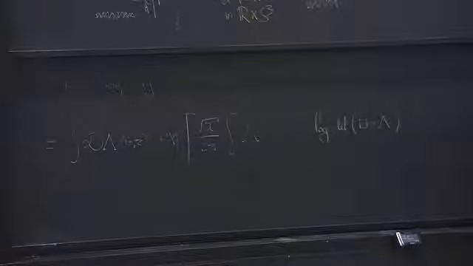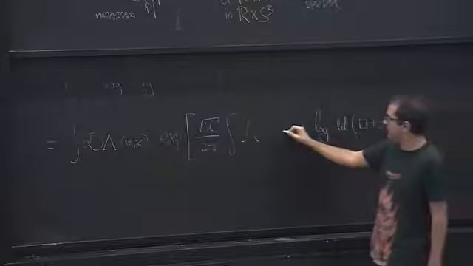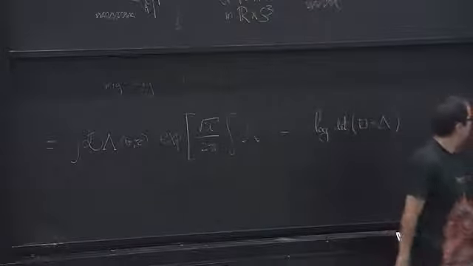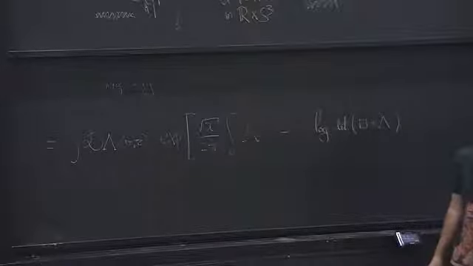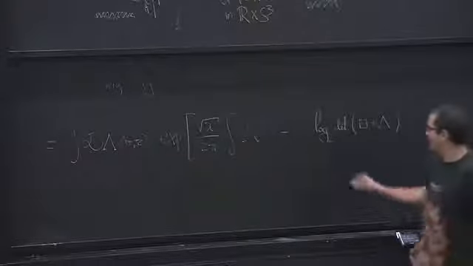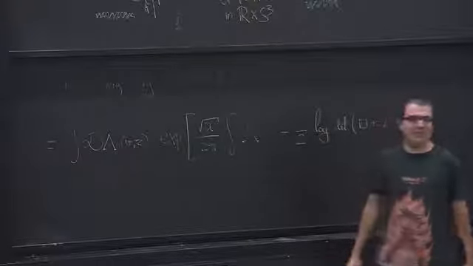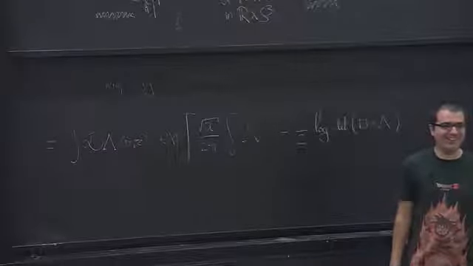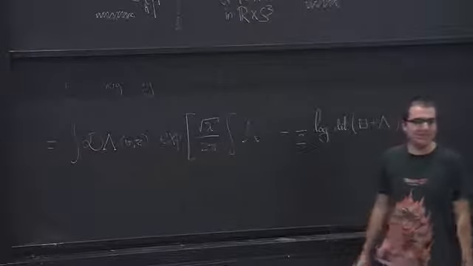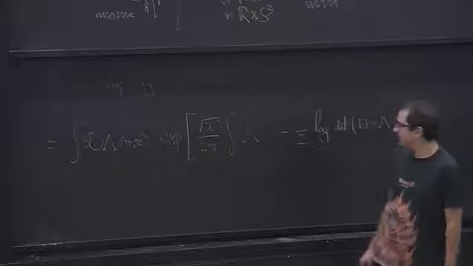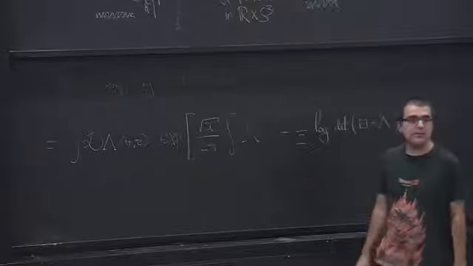Is it 1 over determinant that the Gaussian integral gives? A half. That's good. It's square root of determinant. But what else? There's something important missing here.